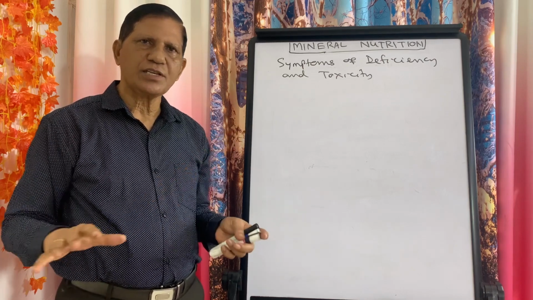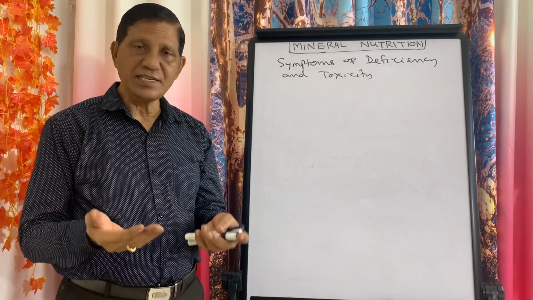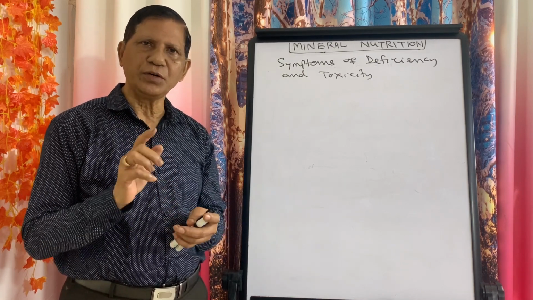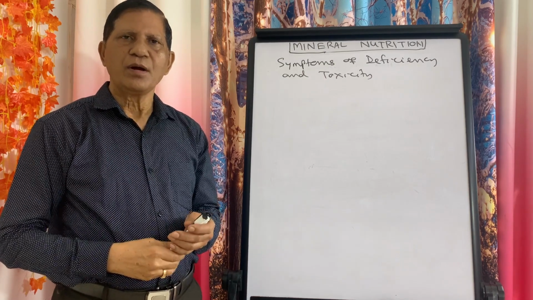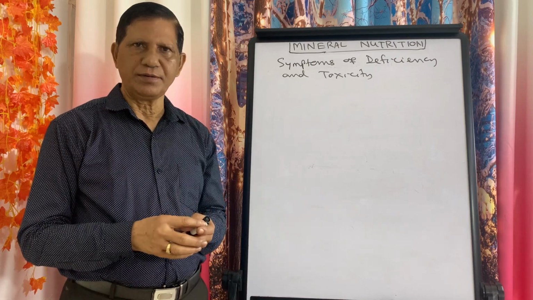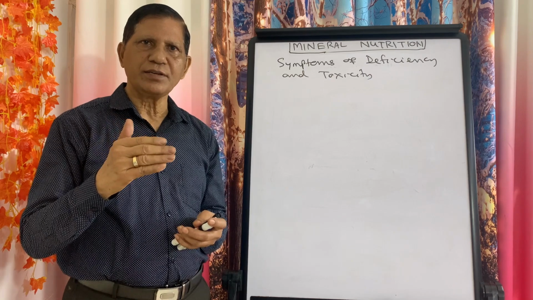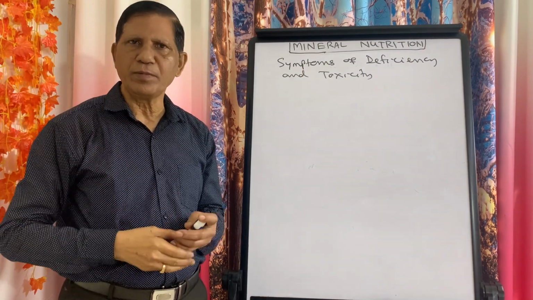Usually, as we have discussed in the earlier videos, the different essential elements are required by the plant body, without which growth, development or reproduction will not be complete. But to what extent are they required? For the major elements, if there is anything extra, there will be no problem.